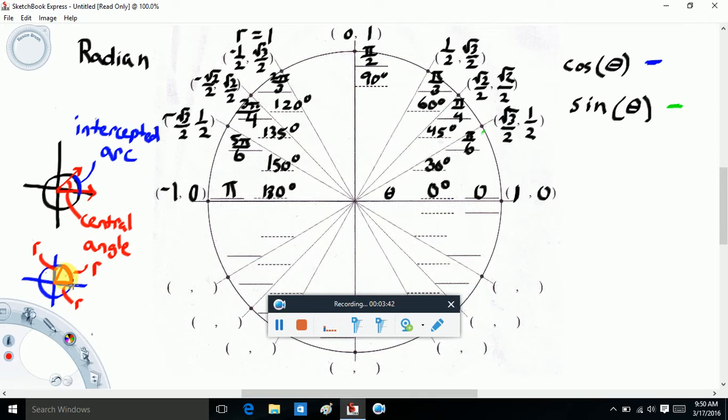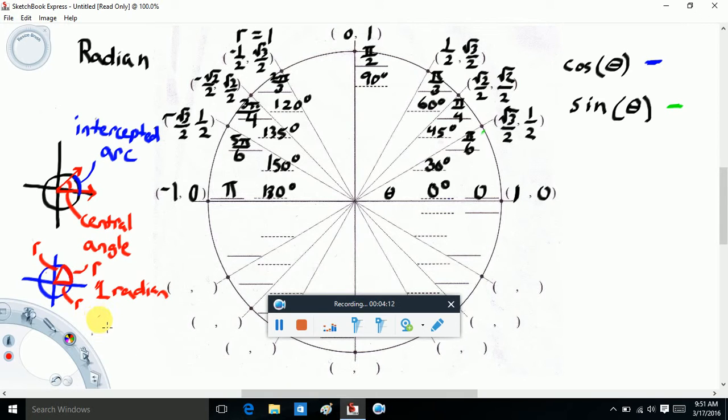The rays that form the central angle intercept this circle, and this intercepted arc is a length of r. This angle right here is 1 radian. And that's the formal definition of a radian.